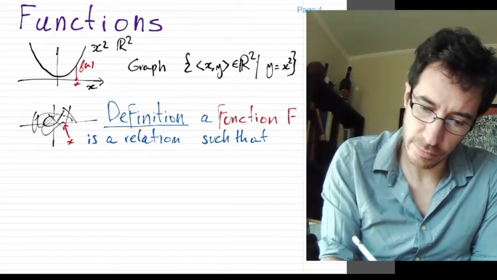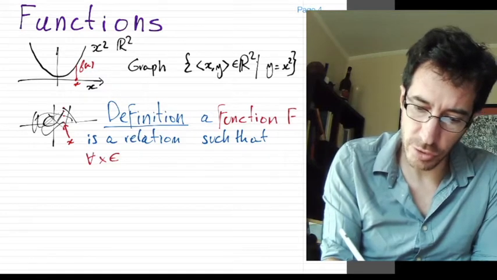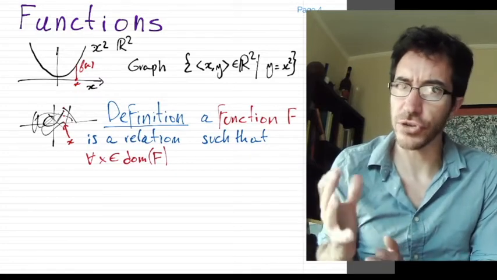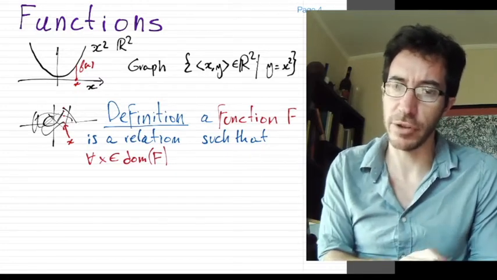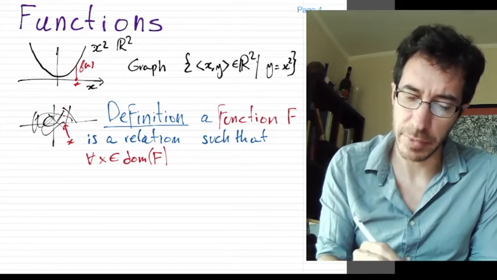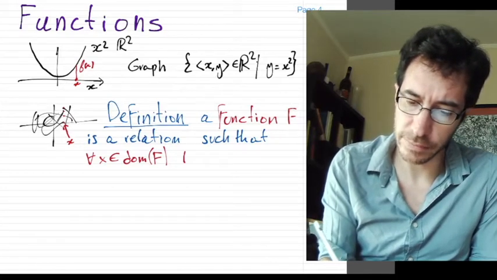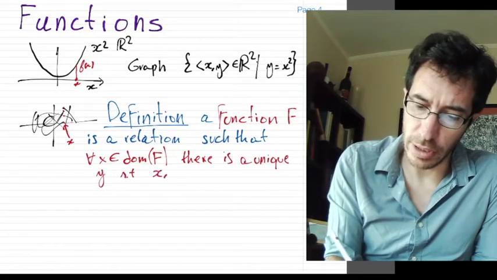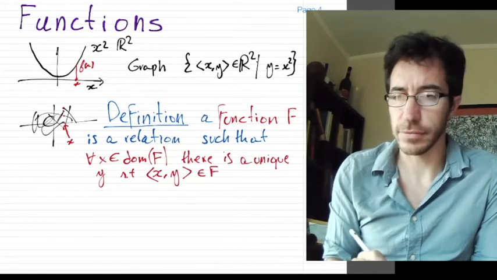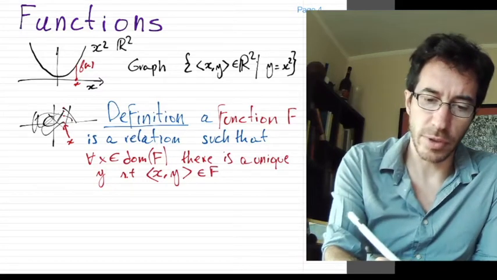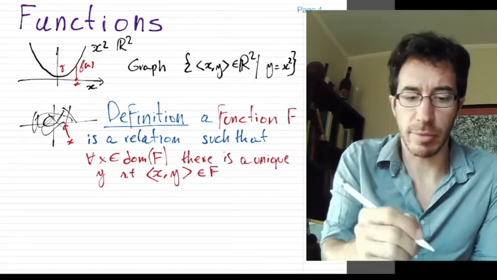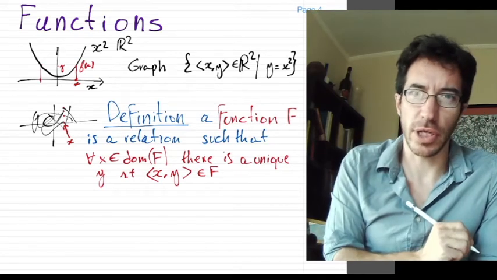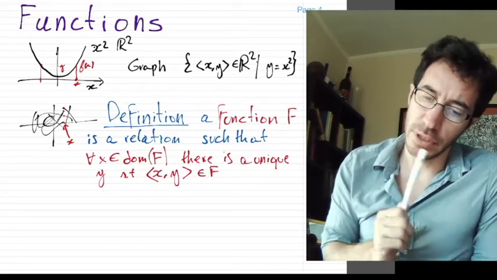So for every x that belongs to the domain of the function, and the domain of the relation is the same as the domain of the function, so we know we defined domain already, there is a unique y such that (x, y) belongs to the graph, right? So for every point, there is a unique y such that (x, y) belongs to the graph. So if you take a point here, there's only one value right there. Okay, so that's what makes a relation a function.